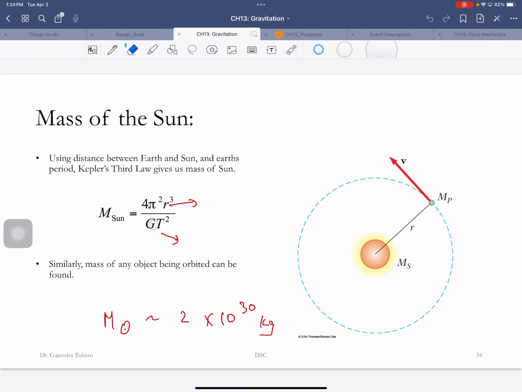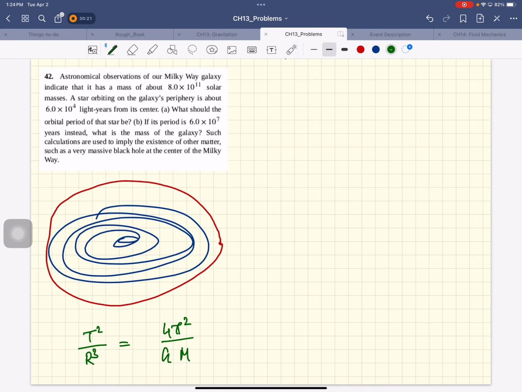So what this formula is saying is that for anything orbiting, its period squared divided by its radius cubed is equal to 4 pi squared over G times the mass inside.